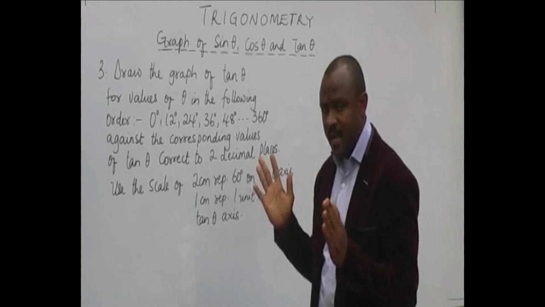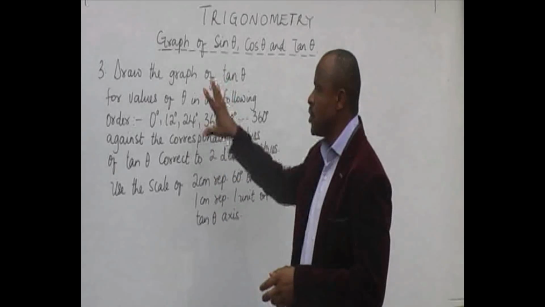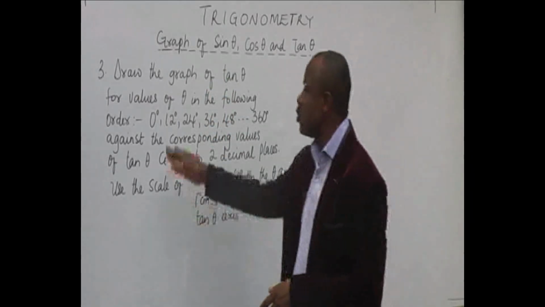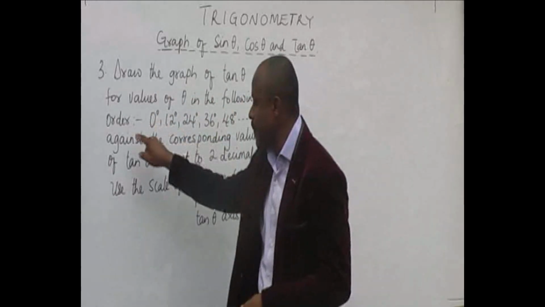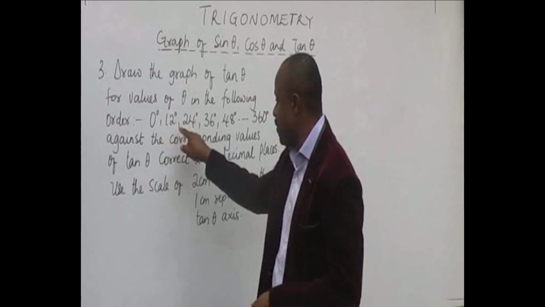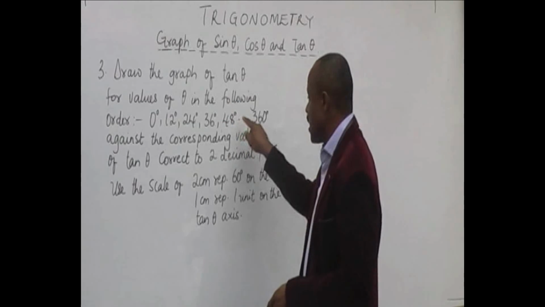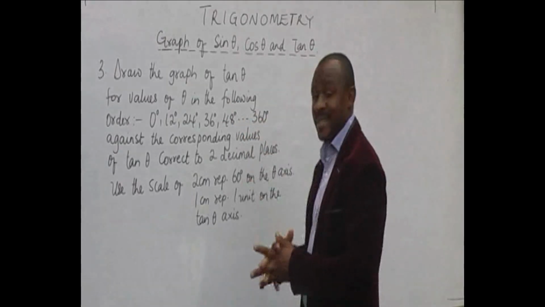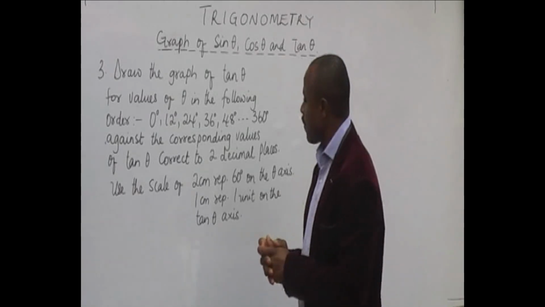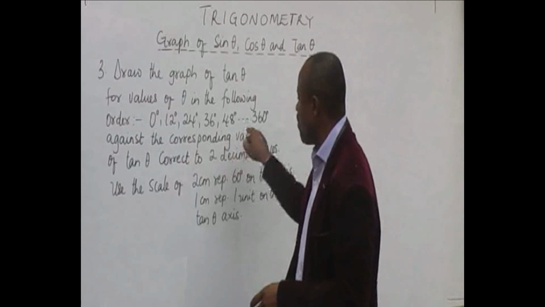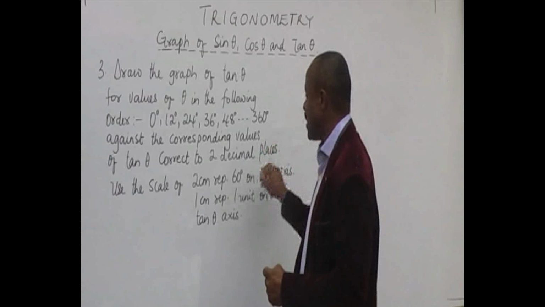In drawing the graph of tan theta, I want to use this question that says that we should draw the graph of tan theta for values of theta in the following order: 0 degrees, 12 degrees, 24 degrees, 36 degrees, 48 degrees, and so on, till 360 degrees, just like the previous ones we drew, against the corresponding values of tan theta, correct to 2 decimal places.